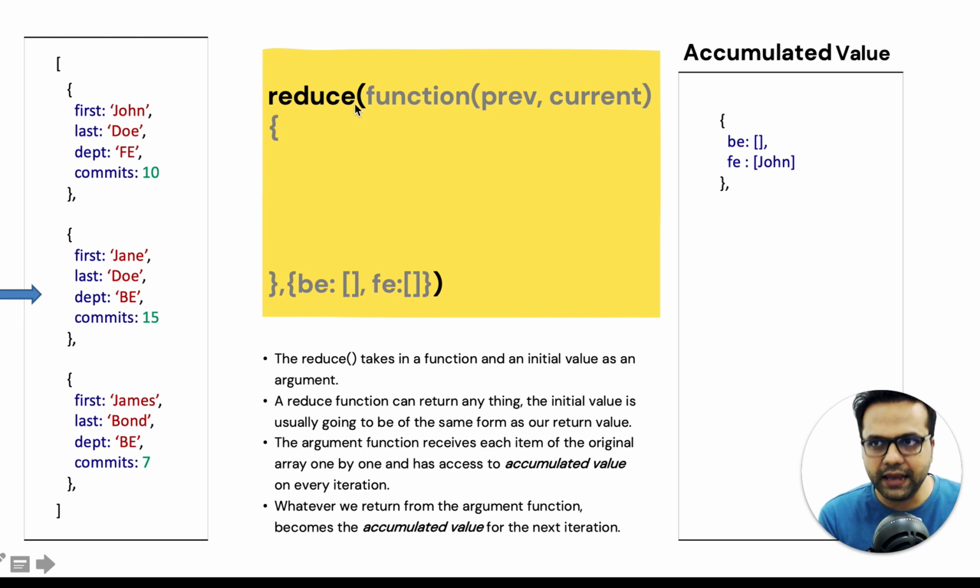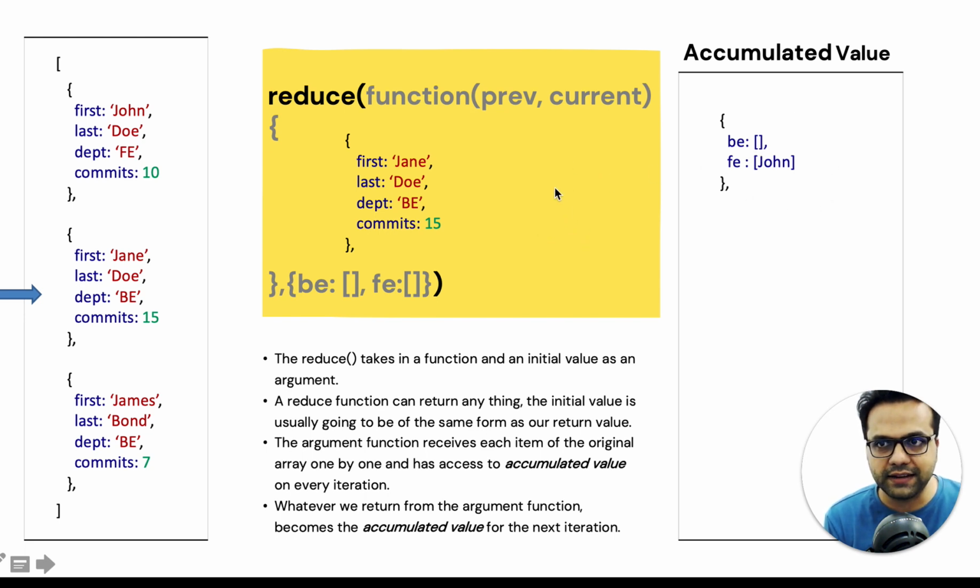So again, this function will be invoked with the second item. And what would be its previous item? Previous item would be the value that was returned from the previous iteration, which is this one, right? And the current item for the second iteration is going to be this object. So this is the current item. This is the previous item.